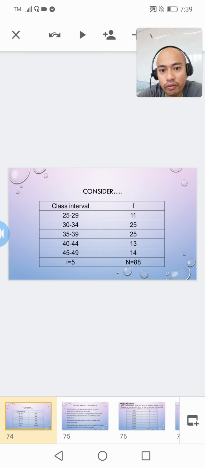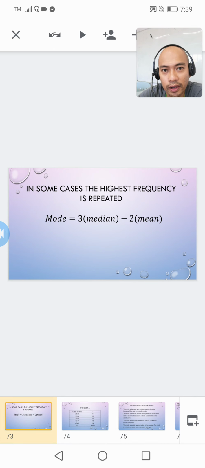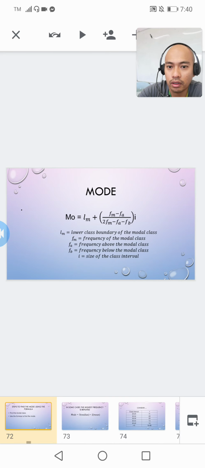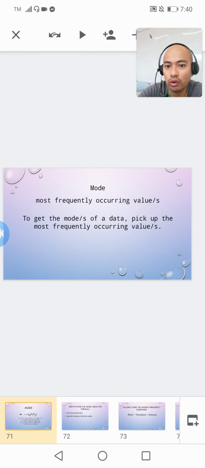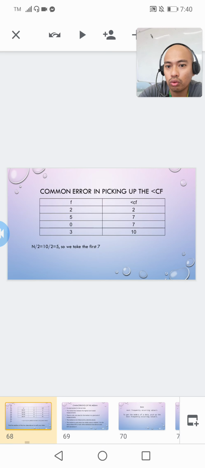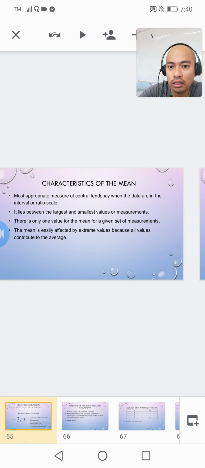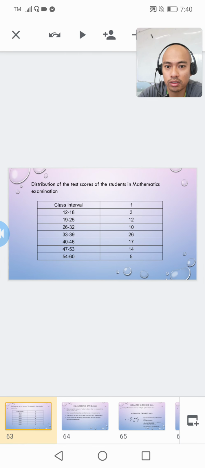What is the mode of this data using this formula? I hope you got it. Okay? I repeat, for this formula, you will be applying it to the previous slide, which is this. Ito yan. So you will apply the first formula for this data. And this will be your first 2 activities for today's meeting.